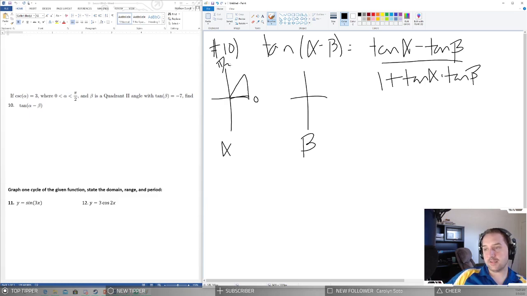Cosecant is hypotenuse over opposite. Using the Pythagorean theorem, that's the square root of 8, or 2 root 2. And so the tangent of that, tangent alpha, is going to be opposite over adjacent.